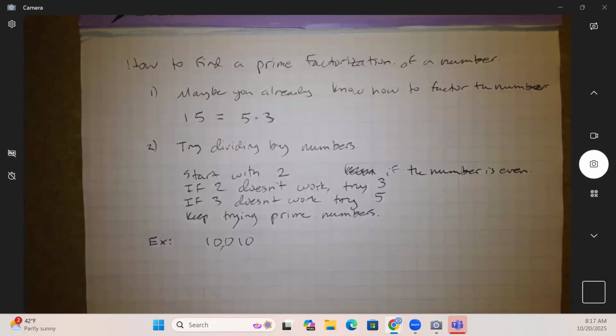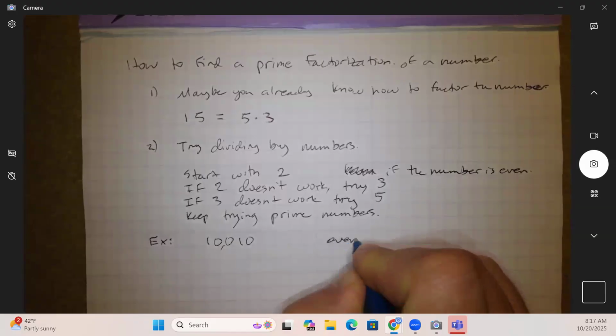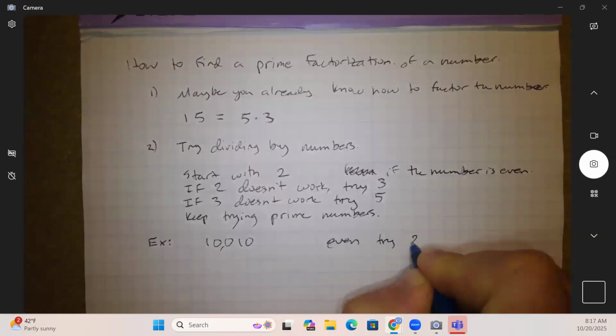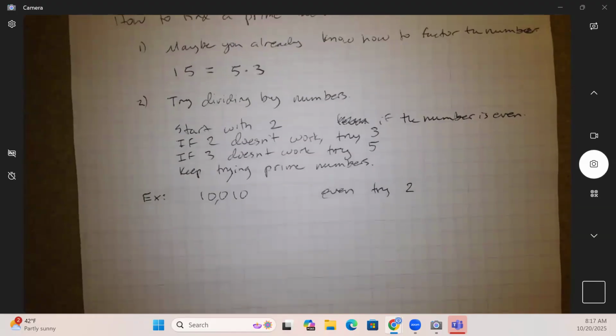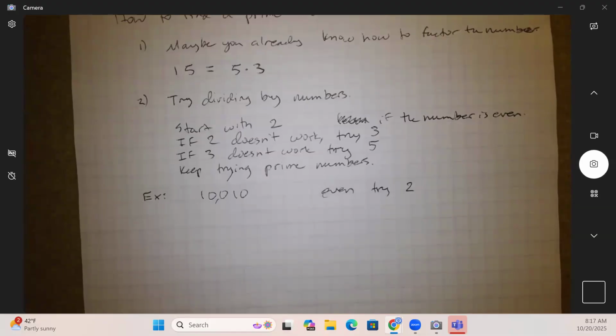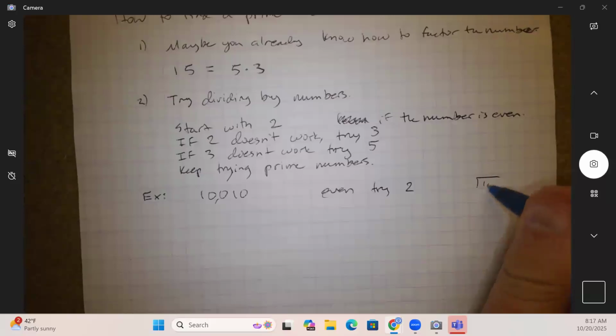Yeah, okay. So this is even. So let's try 2. And here's how I'm going to suggest you keep this organized. The book uses this division sort of thing where you put 10,010 and 2 like this.